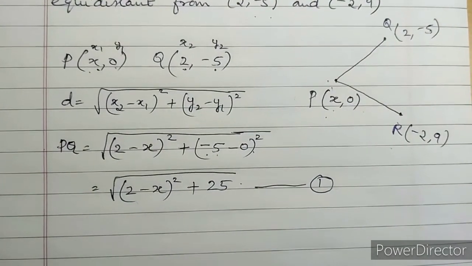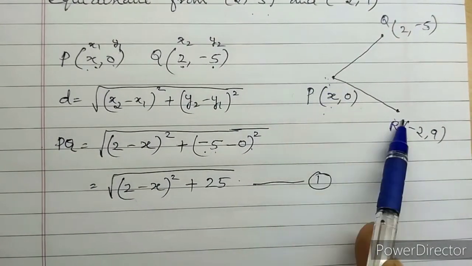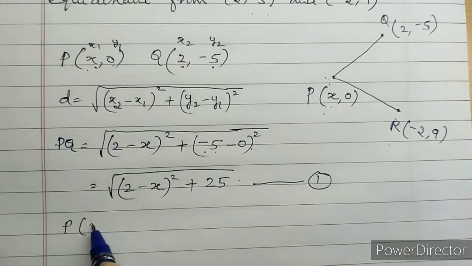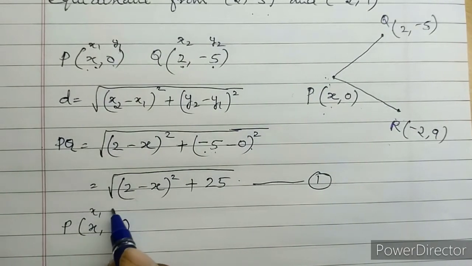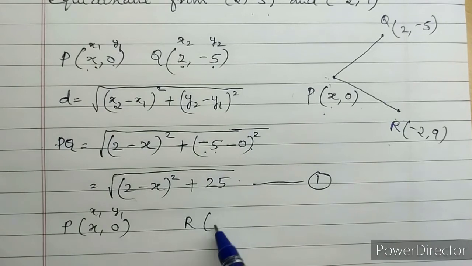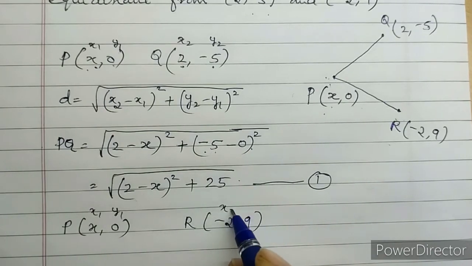Now which one do you have to find? You have to find PR. So first P (x, 0) is x1, y1, and R (-2, 9) is x2, y2.